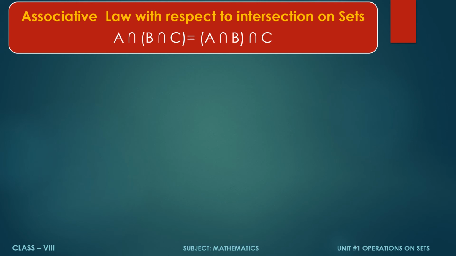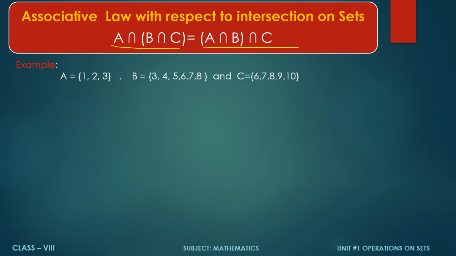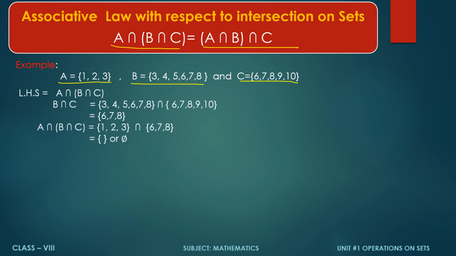Next, associative law with respect to intersection on sets. That is this. We explain this with this example. Consider three sets A, B and C. For this purpose, first we take the left hand side of the associative law, which is A intersection (B intersection C).